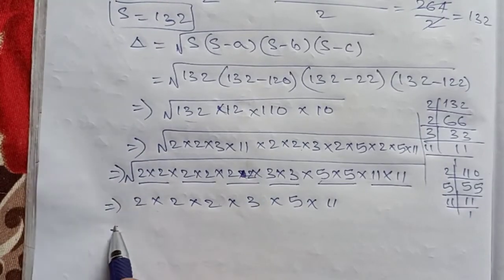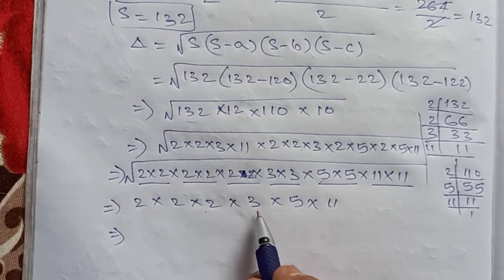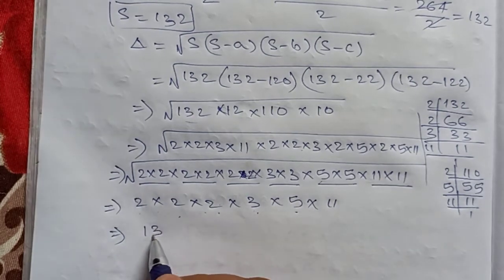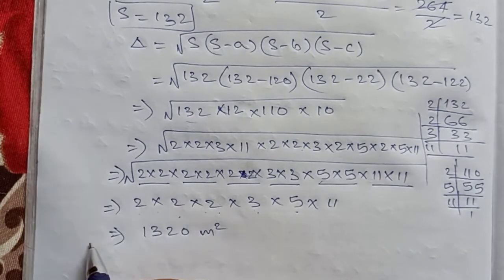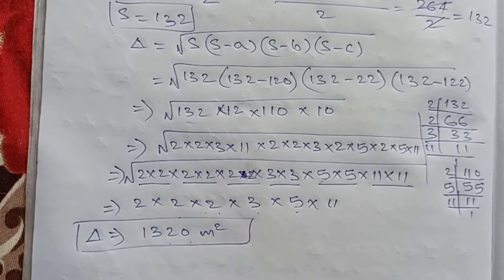Now multiply all the numbers, you will get the area. 2 twos are 4, 4 twos are 8, 8 threes are 24, 24 fives are 120, 120 elevens are 1320 meter square. Okay, so the area of the triangular wall we got is 1320 meter square.